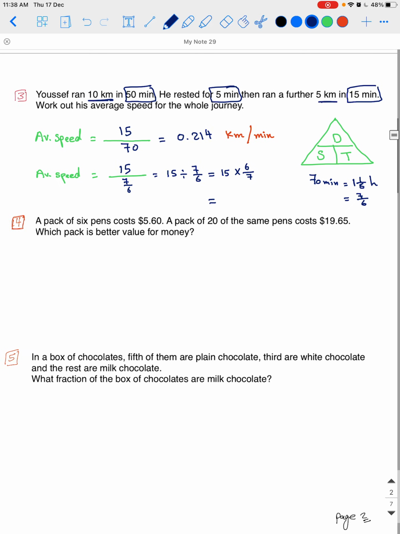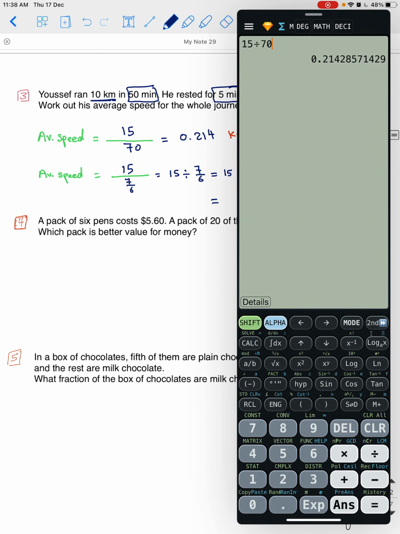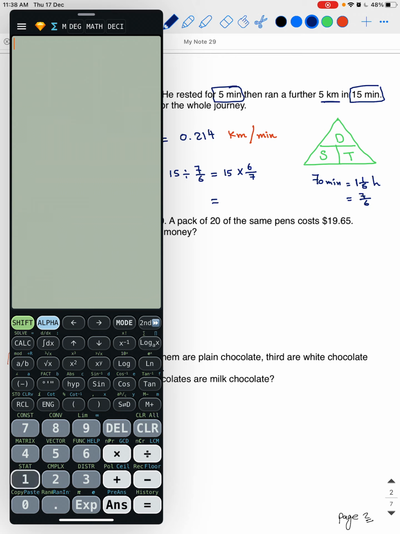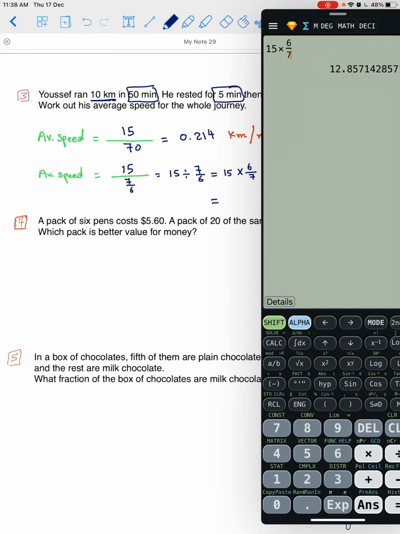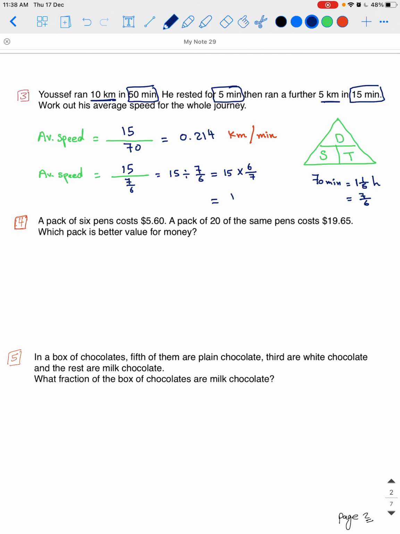And see what you will get. 15 multiplied by 6 over 7, so it will be 12.86. But now the unit is kilometer per hour.